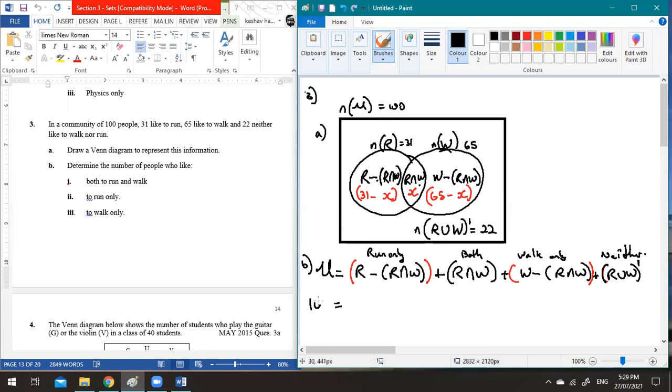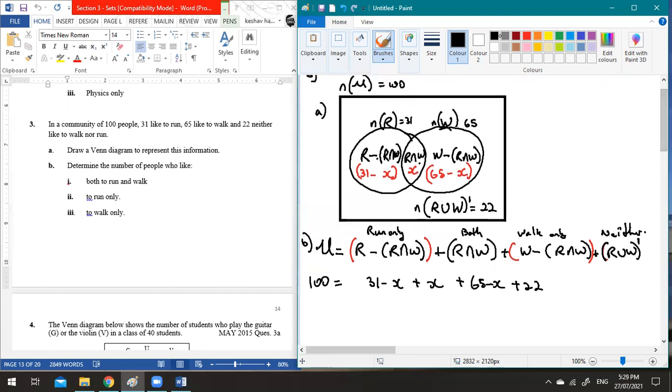So this is the 100 people. This would represent 31 minus X. You want to do both to represent X, so add X. Add walk only 65 minus X. And you want to do neither, it's 22. Right? So you're gonna do simple algebra again. So say it's 100.